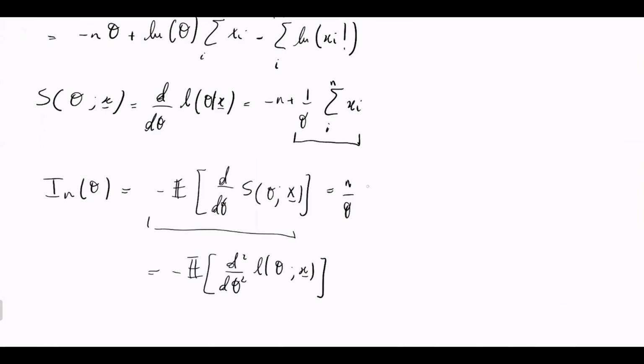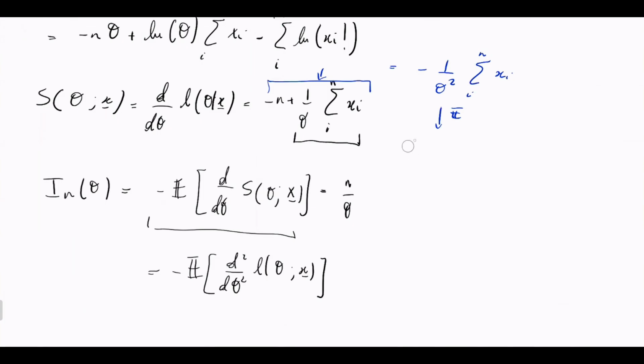Where does this come from? Well, if you take the derivative of the score function with respect to theta, you get just this, so minus 1 over theta squared. This is a constant. Then you take the expectation.